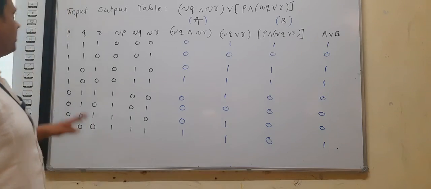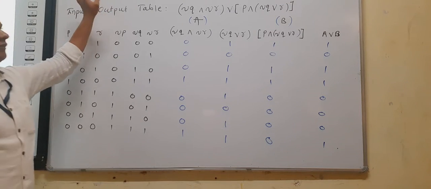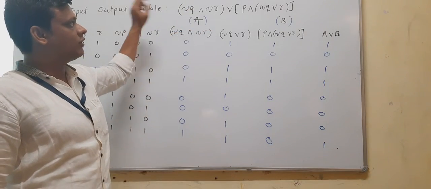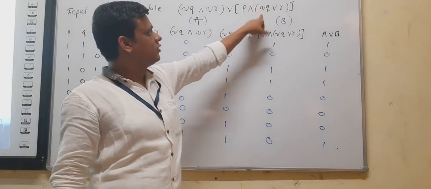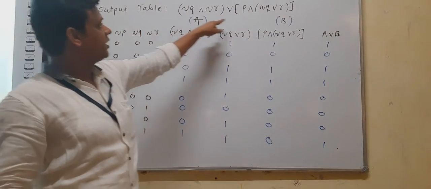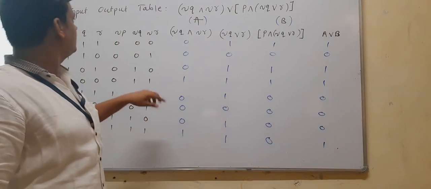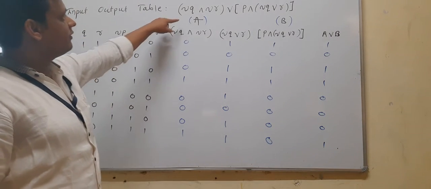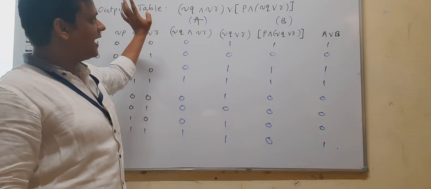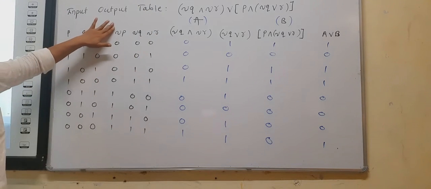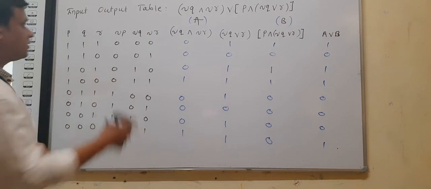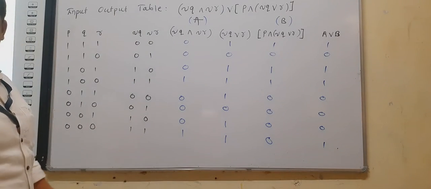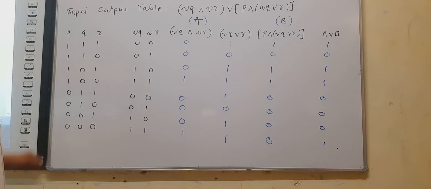Now see the truth table for the symbolic form. We have to write a truth table for this. First we see the number of statements: P, Q, R. Negation: we require negation of Q and negation of R. There is no need to write negation of P. Now see how to prepare the truth table.